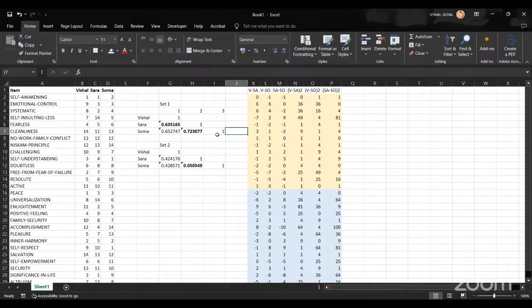Sir, that means like-minded people. They are like-minded people. So Shara and Shoma are like-minded people. It does not mean that Vishal is not like-minded, because Vishal also has 0.63. If Vishal would have this 0.05, that means not like-minded. So that will be the outlier.